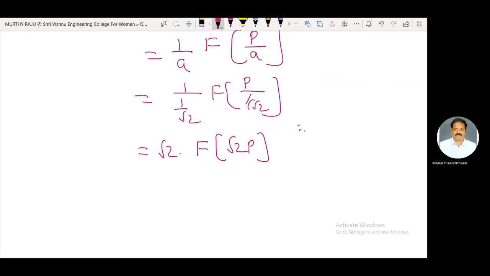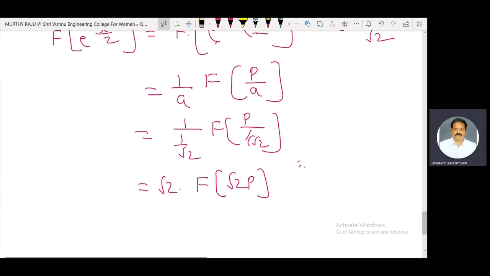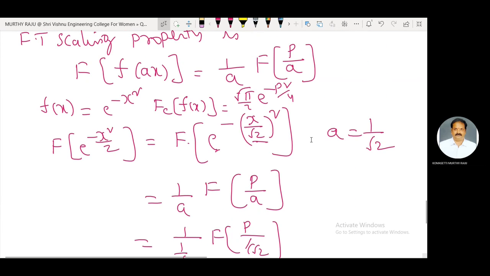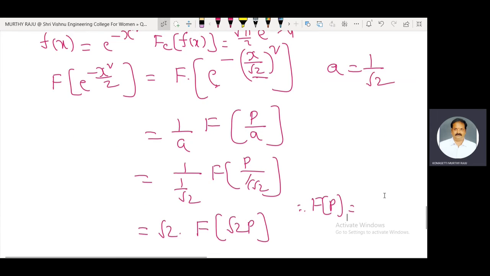We know that f of p is equal to root pi by 2 into e power minus p square by 4.